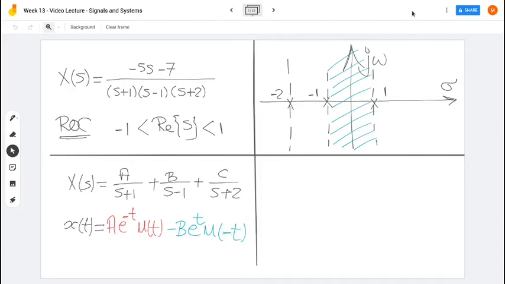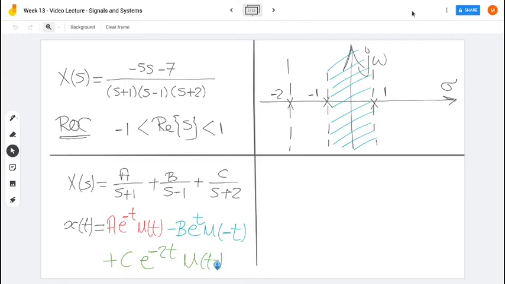And similarly for the third term, the pole here is located at minus 2. For this pole, the ROC we're solving for can be considered right-sided with respect to this pole at minus 2, so we will select the right-sided signal in time domain, which is C e to the minus 2t u of t.